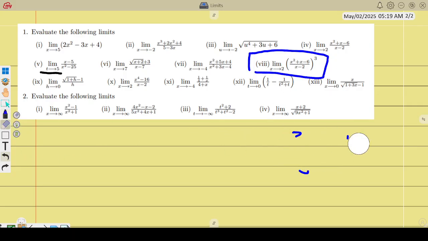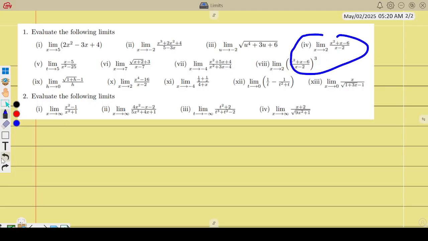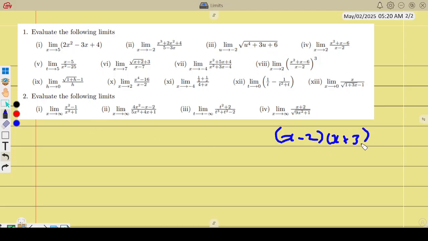So from here now we're going to deal with limits involving radicals. Yeah, but here do you have problems? You just have to factorize the numerator. When you factorize it, I think you can even see it is very similar to what we did there. We are going to have x minus 2 and x plus 3, and then this will be over x minus 2.